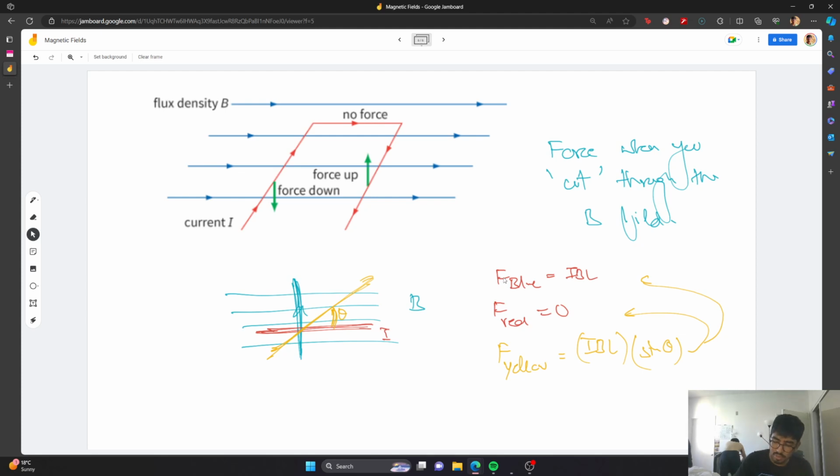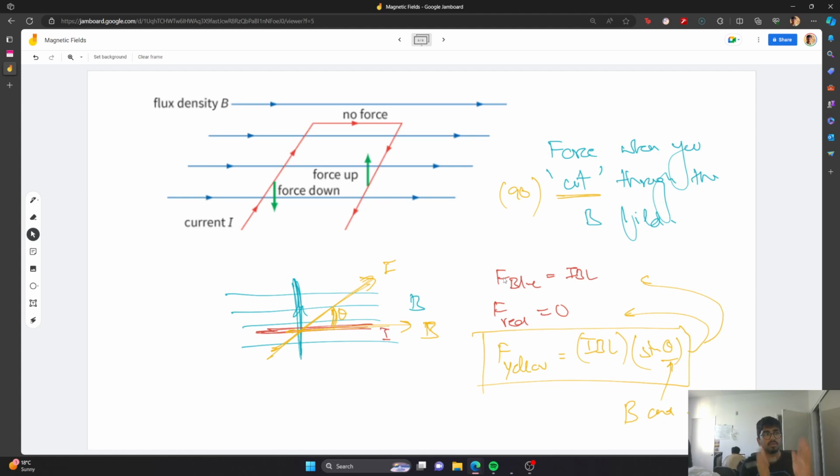So the complete formula becomes IBL sine theta, where theta is the angle between the B field and the I, right? So I is here and the B field is going flat. So if it is cutting through, that means it is 90 degrees.